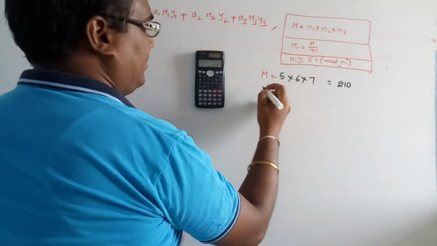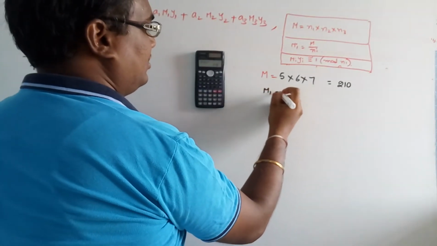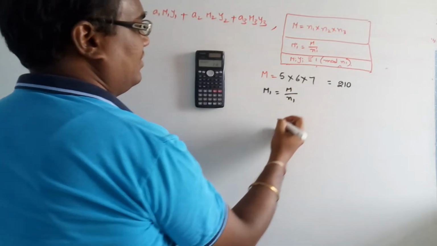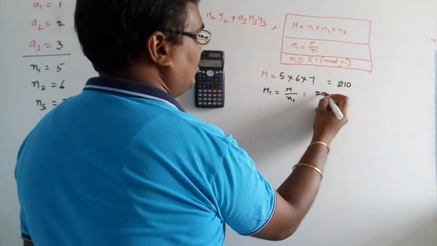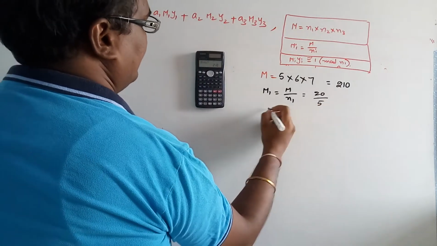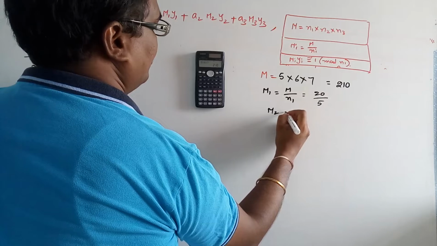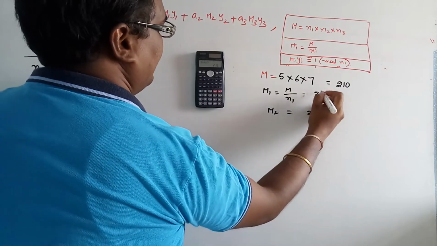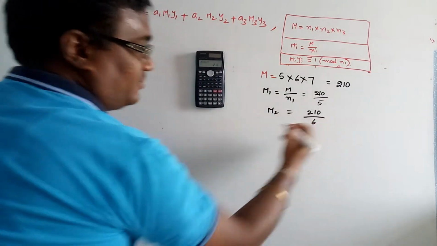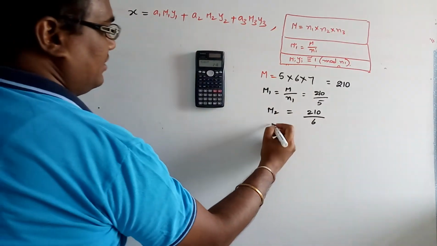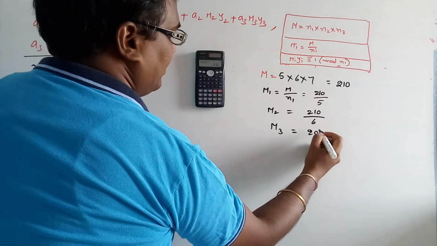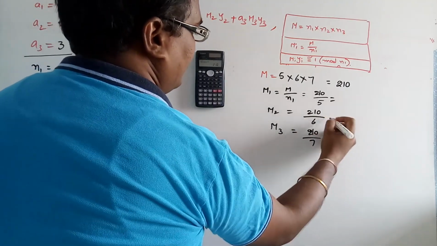Next, capital M1 is equal to capital M by N1, that is 210 by 5. M2 is 210 by 6, and M3 is 210 by 7.